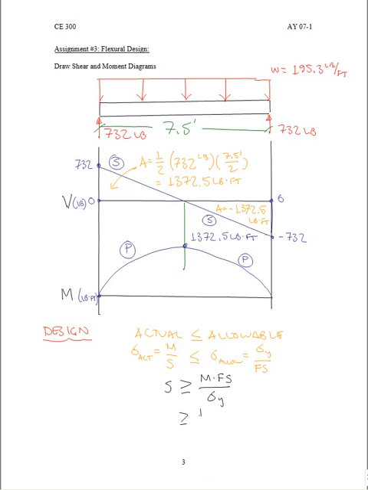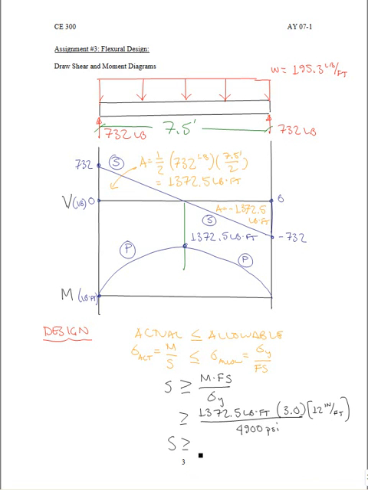Substituting in our values, 1,372.5 pound-feet times a factor of safety of 3.0 that we're given at the start of the problem, divided by the yield strength of 4,900 psi gained from table A-17 in the back of our textbook. We notice that we have pounds and inches on the bottom, so we need to have pounds and inches on the top. So we'll need to multiply by 12 inches per foot.